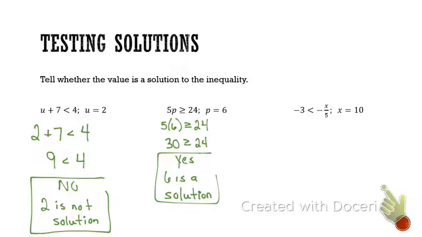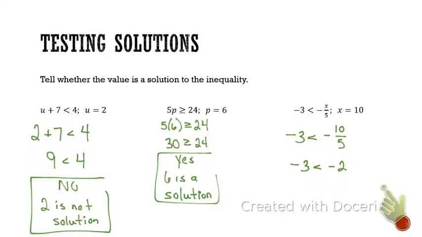Okay, last one, x equals 10. So again, we plug it in for x in the inequality and we test it. Negative 3 is less than negative 10 over 5. So negative 3 is less than negative 2. Is that true? Is negative 3 less than negative 2?